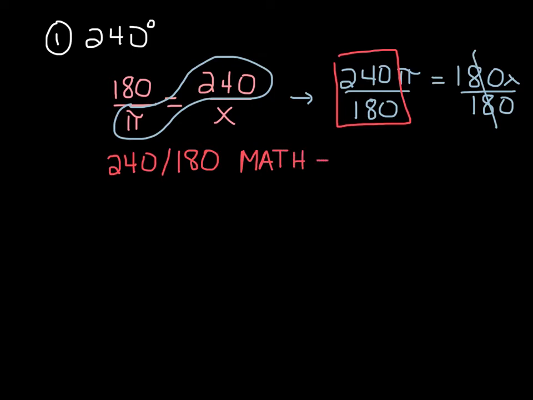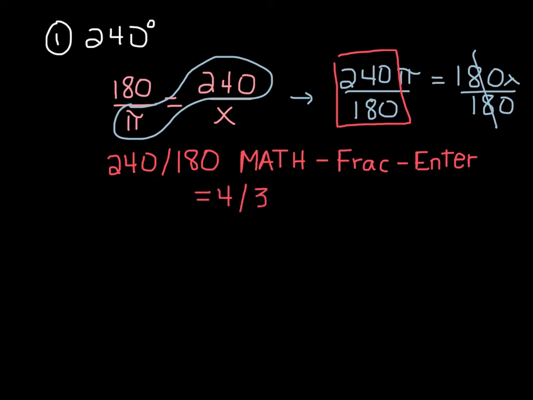And then the very first option is fraction. And then hit enter. And what that's going to do is it's going to keep your answer as a fraction. Okay? So let's see. 240 divided by 180, math fraction, enter. Should reduce to 4 over 3.